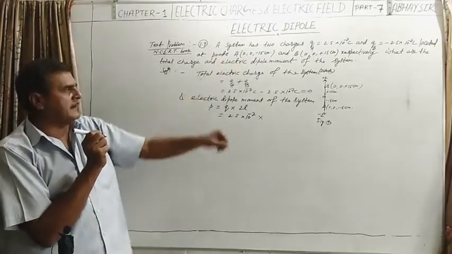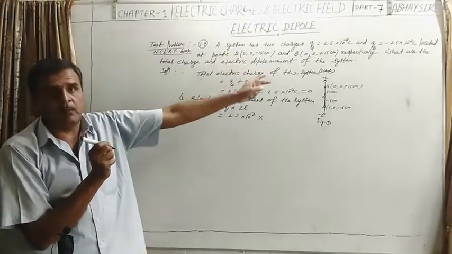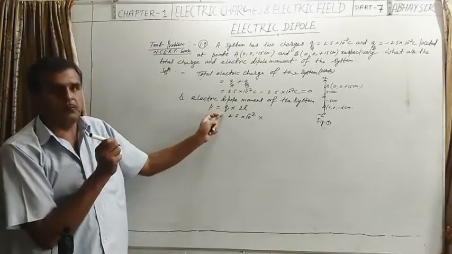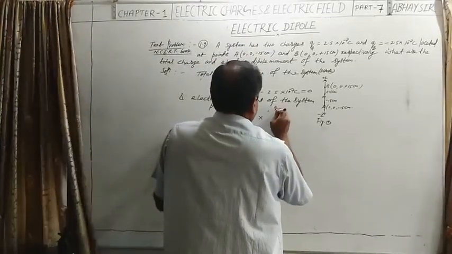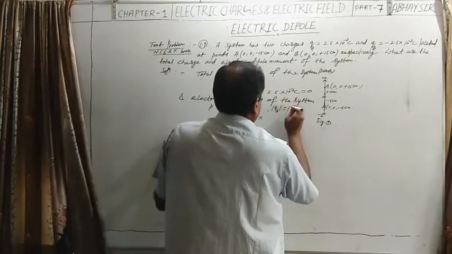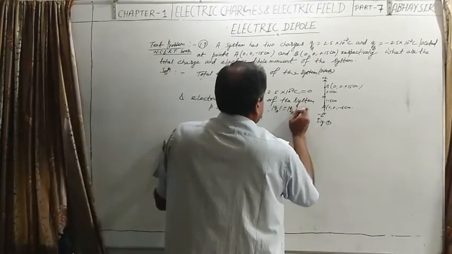Magnitude of both charges is the same, so I have taken mod of QA equal to mod of QB, equal to Q.